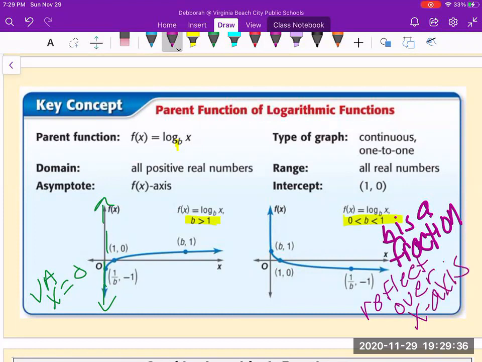And with that reflection over the x-axis, we still have the vertical asymptote at x equals 0. But our graph now goes down to the right.